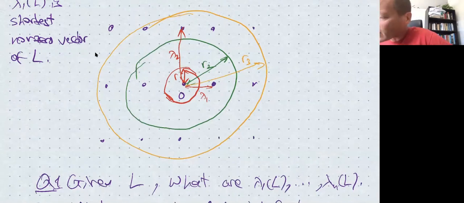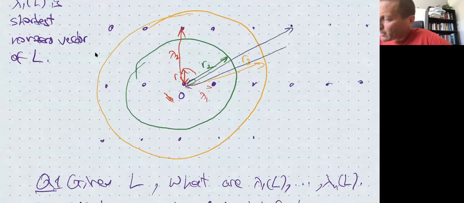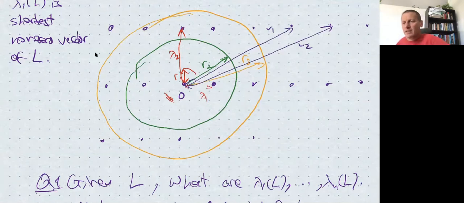The lattice also has another basis, which consists of this vector and this vector, v1, v2. That's also a basis for the same lattice.